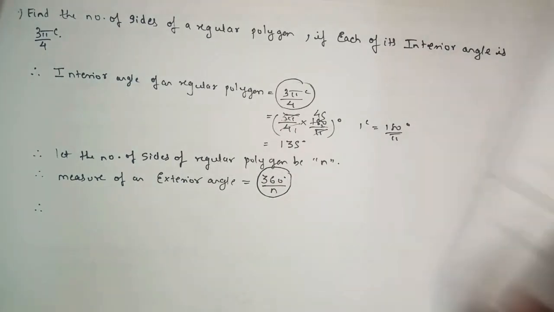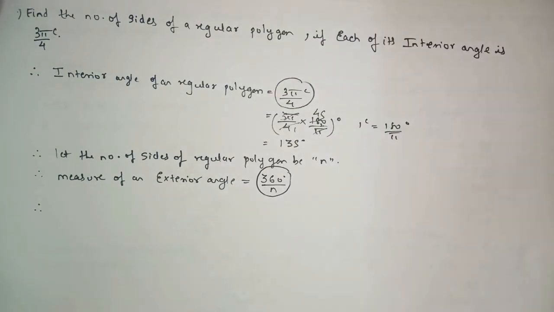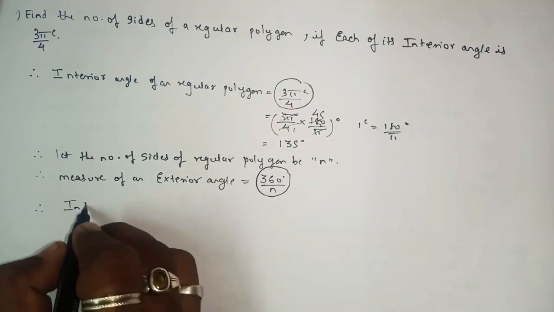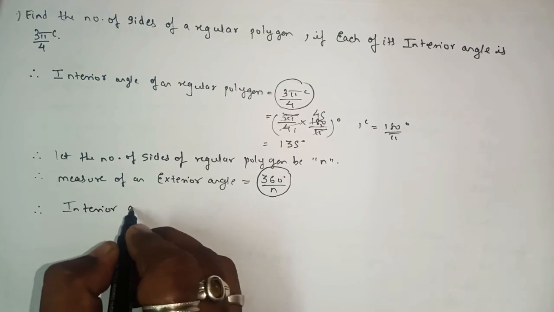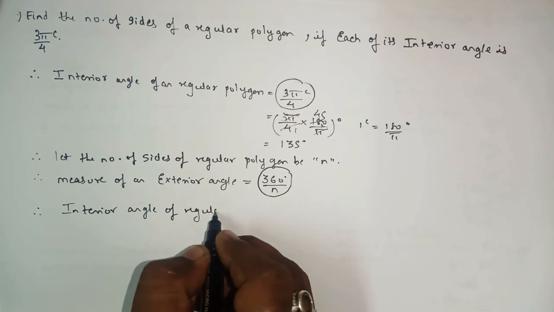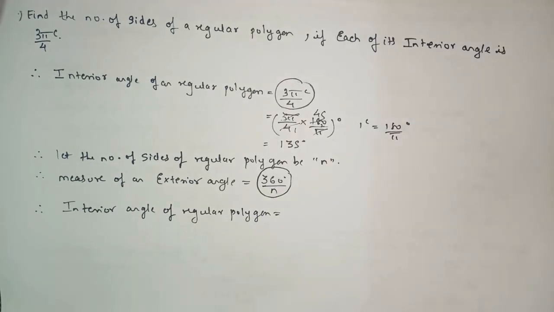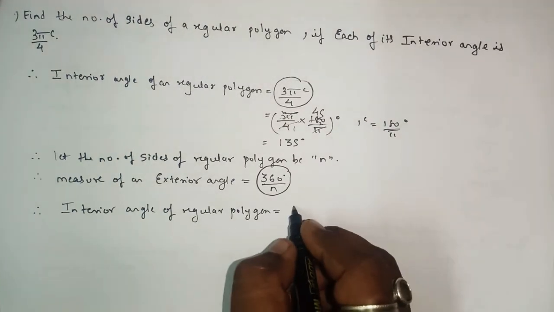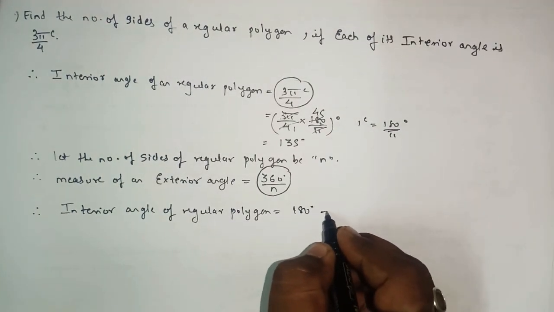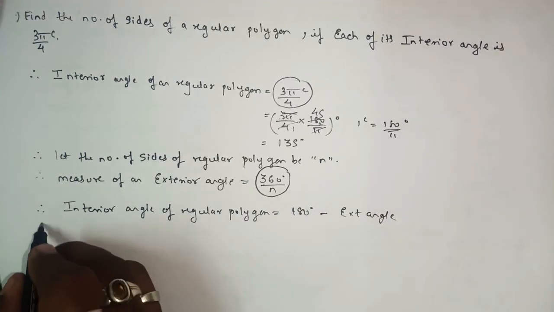Now we'll apply the second formula, that is, the interior angle of a regular polygon. So the interior angle of a regular polygon is what? 180 minus the exterior angle. Yes or no?